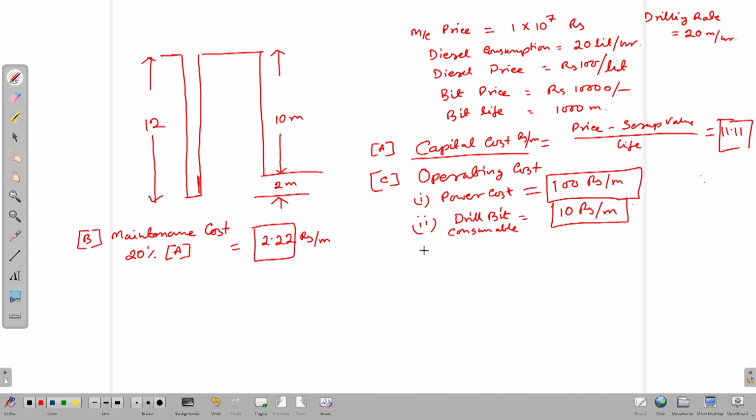Now, next is the manpower cost. We have already discussed in our previous lectures that manpower cost basically comes from the average cost of salary heads. Salary head means it is not only the salary, associated other parts are also included.